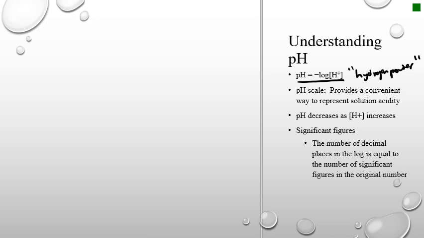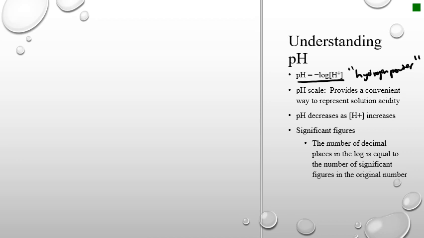So this is going to be our first time where we're looking at logarithms. Now, I know many of you have worked with logs in your math classes at this point, but just in case you haven't, the log is, in this case, only going to be base 10. So what we want to do is see what we would have to do to raise 10 to a certain power in order for it to equal a number.